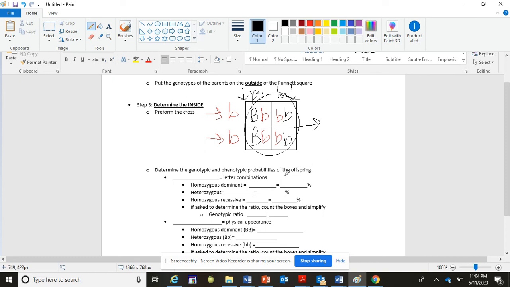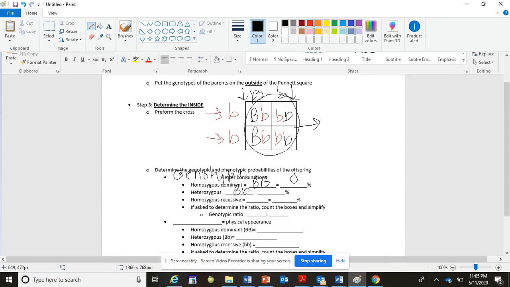So our letter combinations, remember, that's what's called our genotype. It's super messy, but that says genotype is the letter combination. Homozygous dominant would be the letter combination where you have two capital letters. When we look inside the box, what percentage of the children have two capital letters? That is 0%. Heterozygous is one of each, hetero, different.